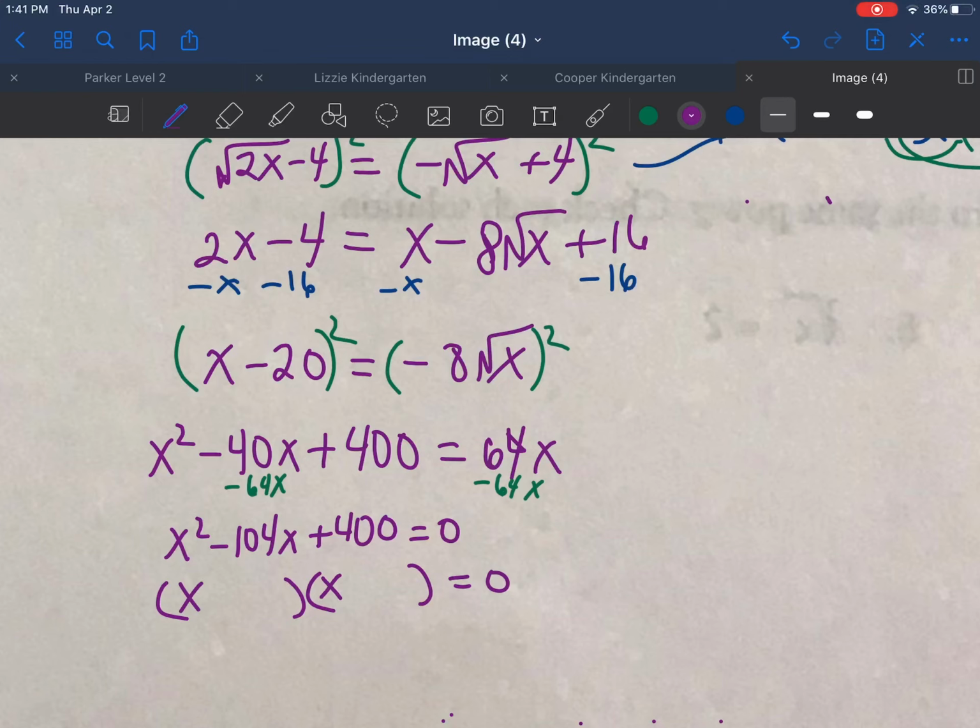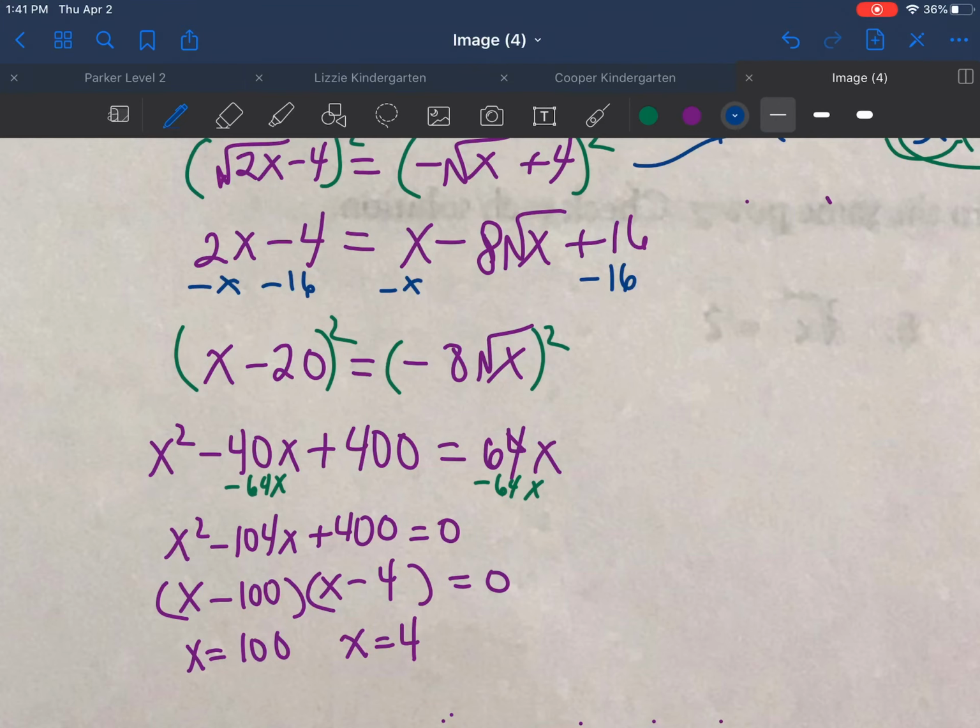Multiplies to be 400, but adds to be negative 104. Lucky for us, it's pretty easy. 100 times 4. Negative 100 times negative 4. They add together to be negative 104. Multiply to be positive 400. So my solutions here would be x equals 100 and x equals 4.